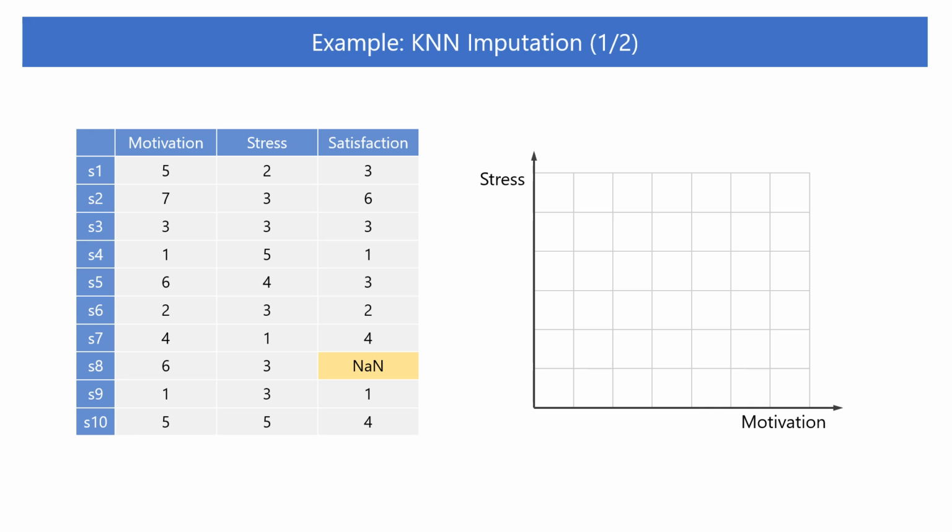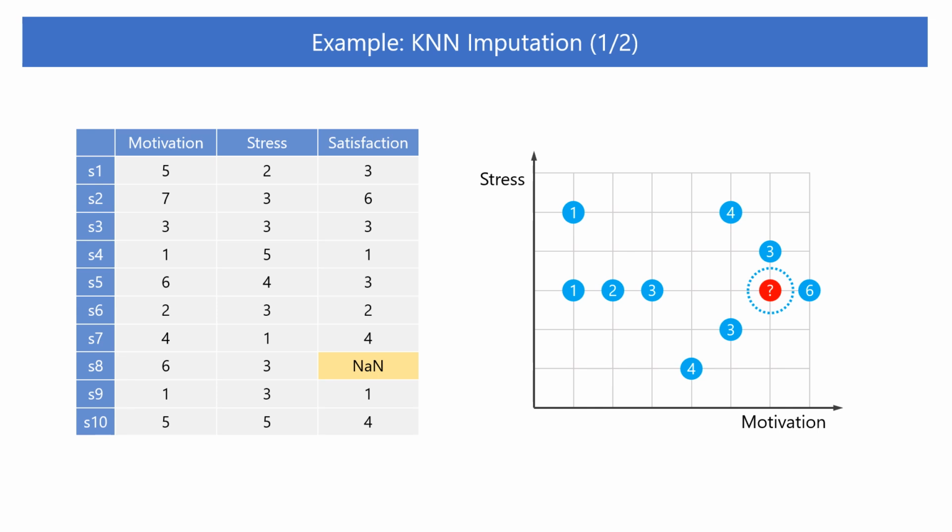Take motivation on the horizontal axis and stress on the vertical axis. Plot each employee as a dot in a location corresponding to its motivation score and stress score. Let's input the job satisfaction score into the dot that represents each data point. The red dot represents the data point for which satisfaction is missing.